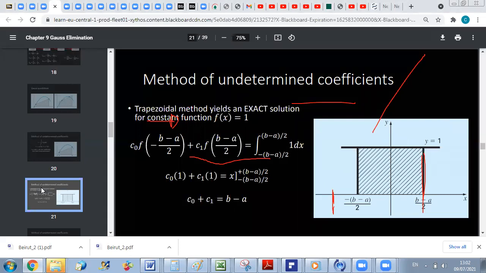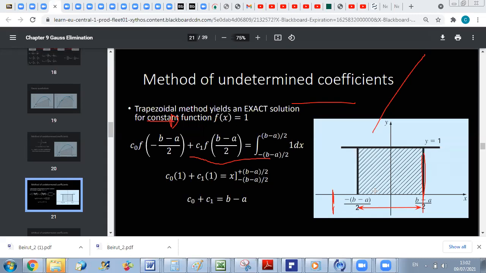Since the trapezoidal method will yield an exact solution for the constant function f(x) equal to 1, I consider a constant function equal to 1 and the length of my interval is b minus a. I will take this interval centered over 0, so my 2 endpoints will be minus (b minus a) over 2 and (b minus a) over 2. Now let us find the first equation relating C0 and C1.